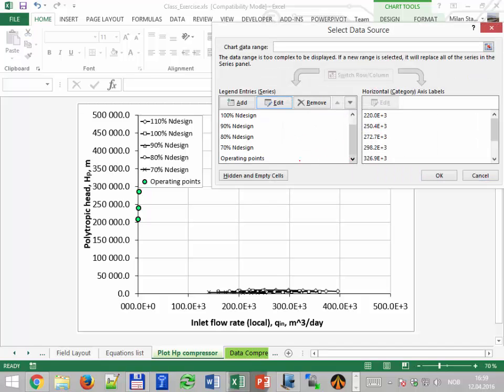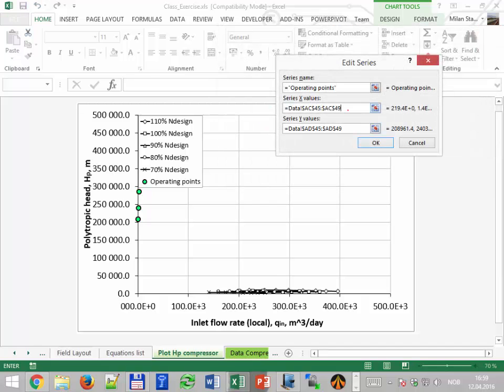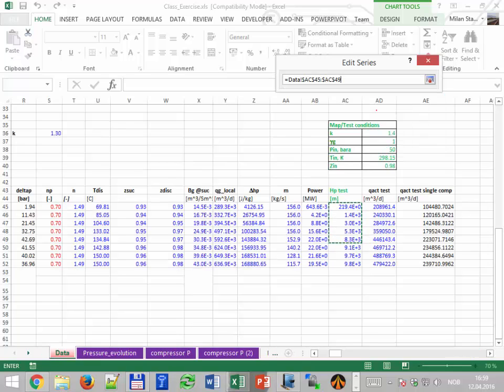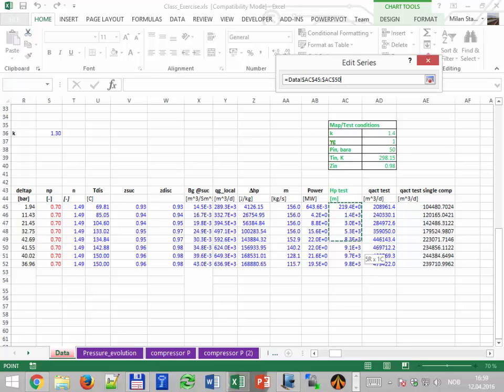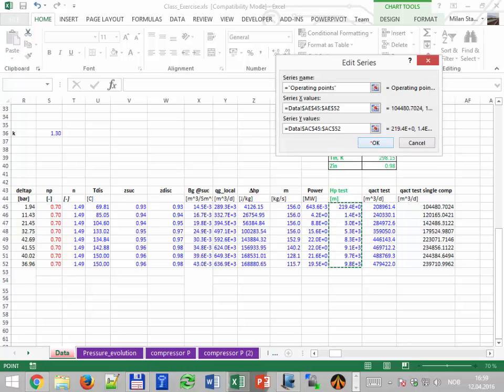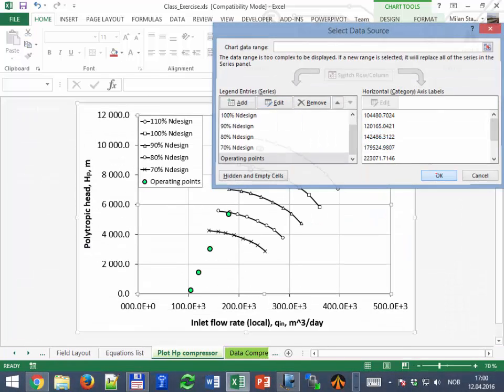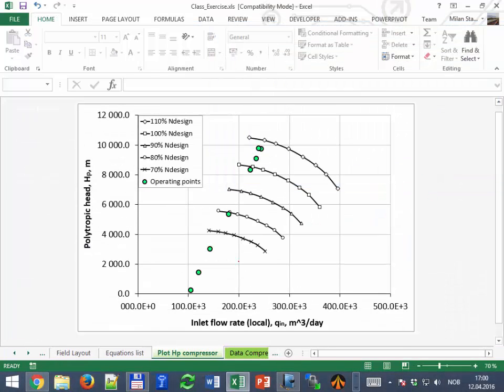Not this one, but the operating points. X is this, and H is here. I'm not sure, but if they are increasing, can you put them with tags for each year?